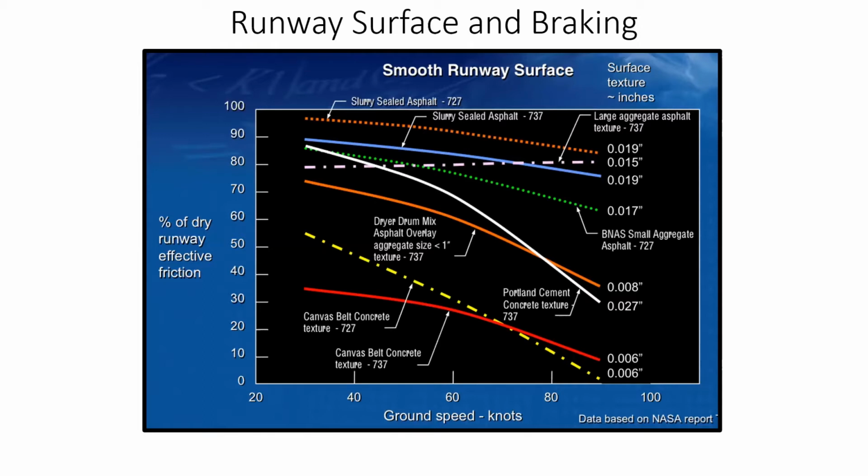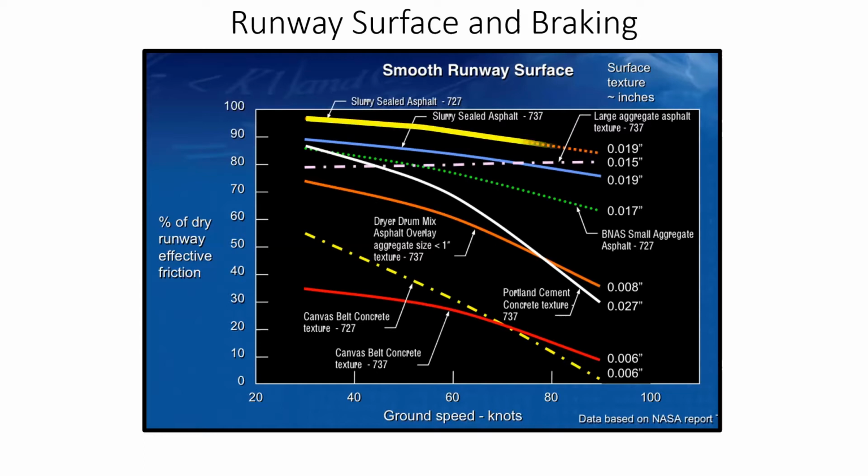So we might land on an asphalt runway on Monday when it's wet. We might land on a different airport's asphalt runway on Tuesday, and because the construction differs in that runway, we might experience a very different amount of braking, even though the reported rainfall, for example, was the same. So this, again, is why it's so important that we factor our landing distances and apply that safety margin, especially when we are talking about non-dry situations.